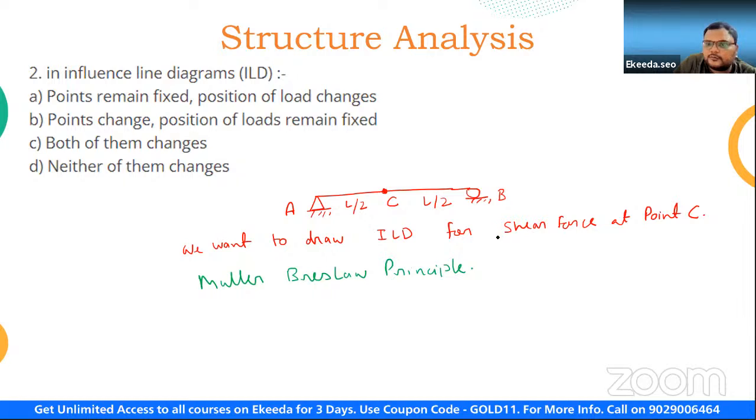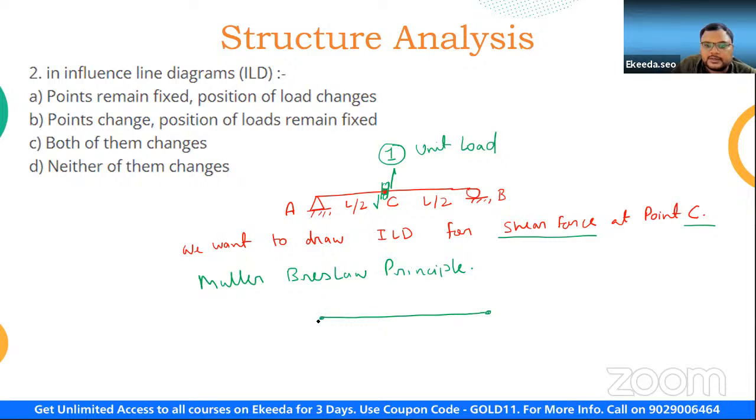If we have to determine the shear force at point C, then we need to apply a roller reaction here, so this side will move downward and this side will move upward, and we will apply a unit load of magnitude 1. Can anybody tell me how the diagram will be made?